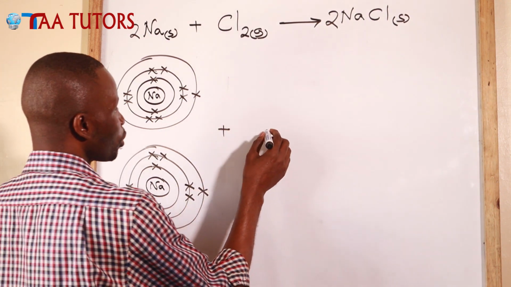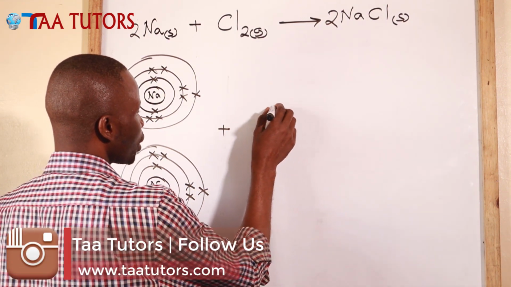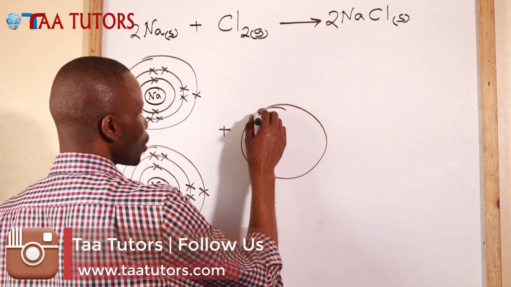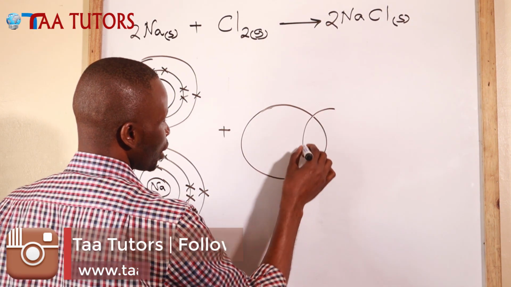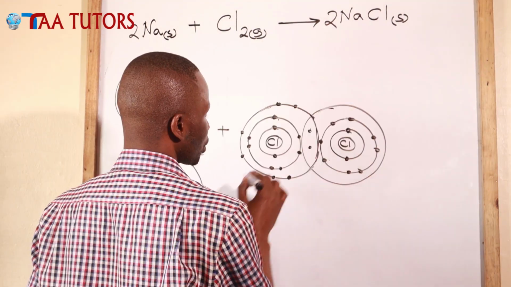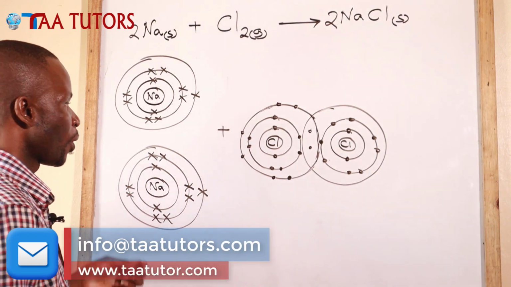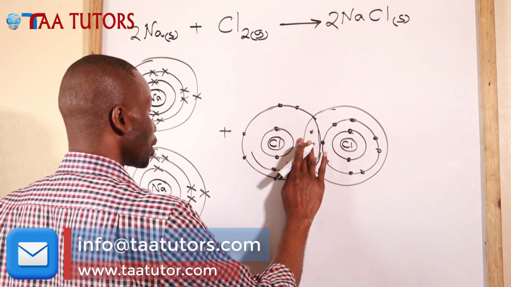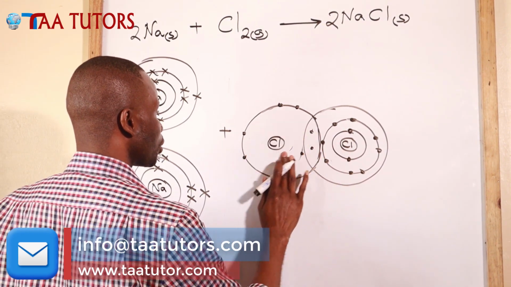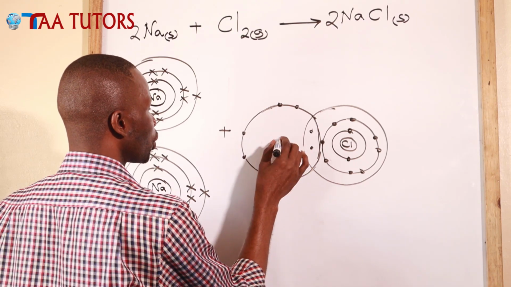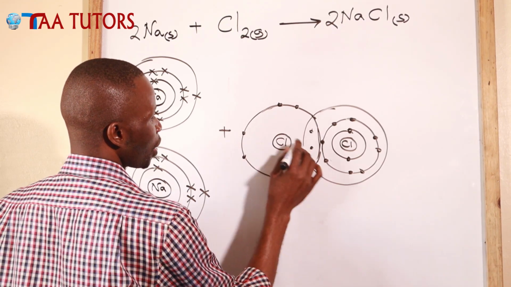So that one is going to be the two chlorine atoms overlapping. If they overlap, like I said before, I can simply remove these inner energy shells, because I'm not going to use them in the reaction.